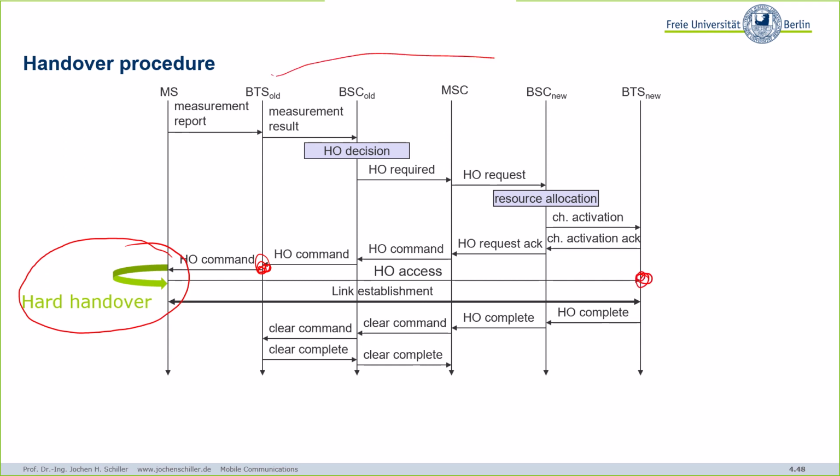We cannot simultaneously receive data from or send data to different base stations in GSM. That's different, for example, to third generation, where you can actually do this. So this is why we have a so-called hard handover.